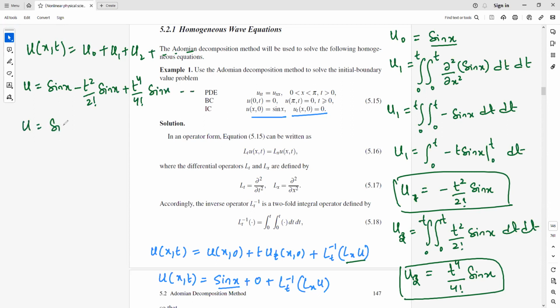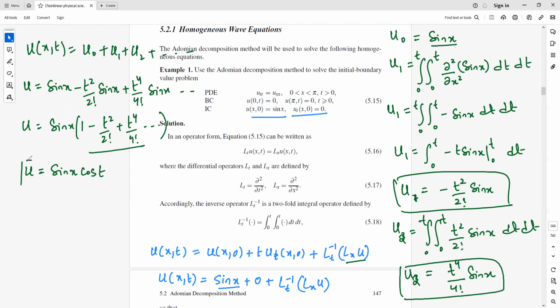Therefore, if we take sine x as common, we have 1 minus t squared over 2 factorial plus t to the power 4 over 4 factorial, and so on. And this function is nothing but the Taylor series expansion of cosine t.